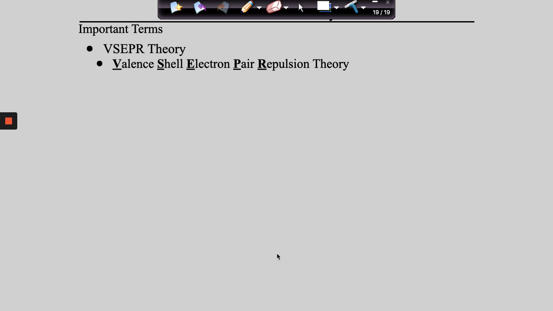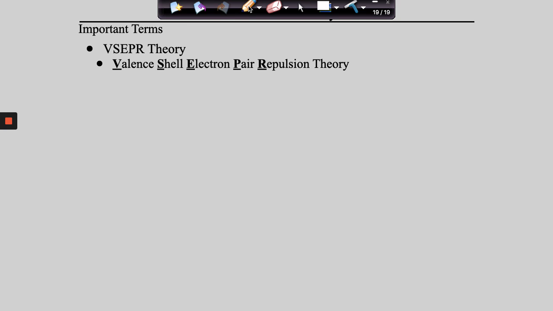VSEPR theory stands for the valence shell electron pair repulsion theory. So let me give you a chance to write that down. Again, valence shell electron pair repulsion theory.